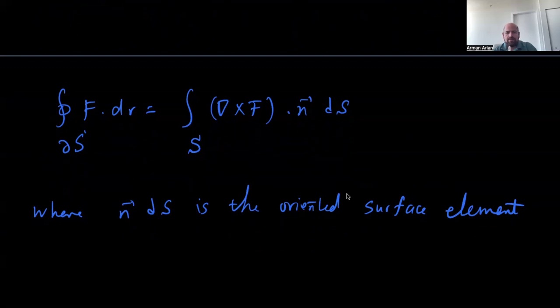Because S is supposed to be the oriented surface, n is basically pointing outward, perpendicular to the surface and pointing outward. So that's the vector n.